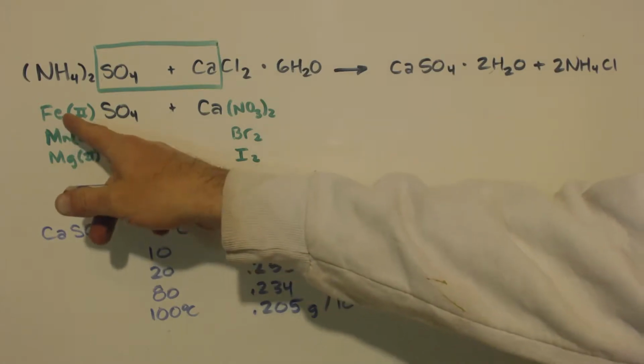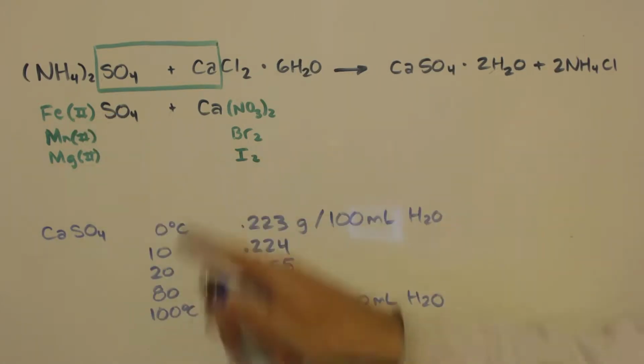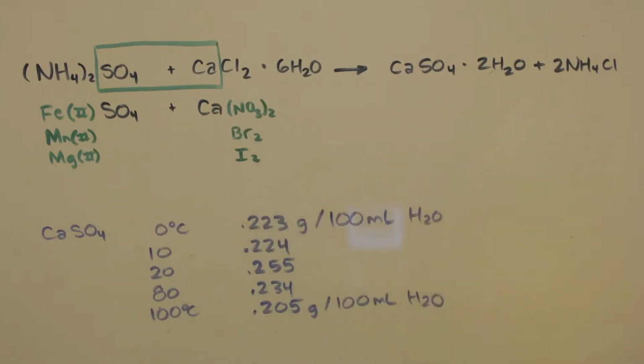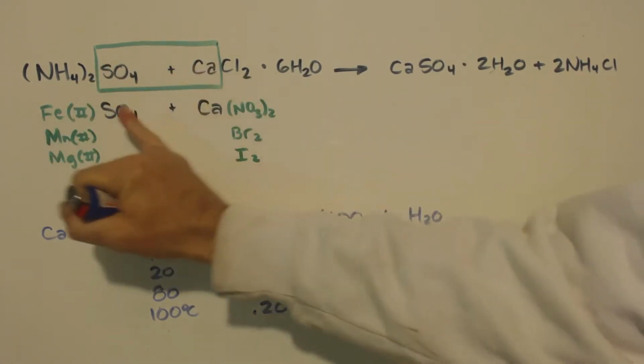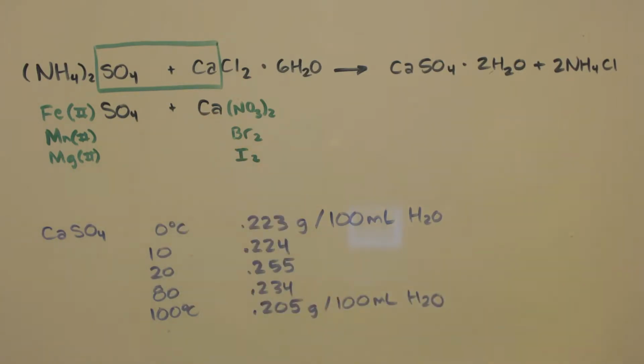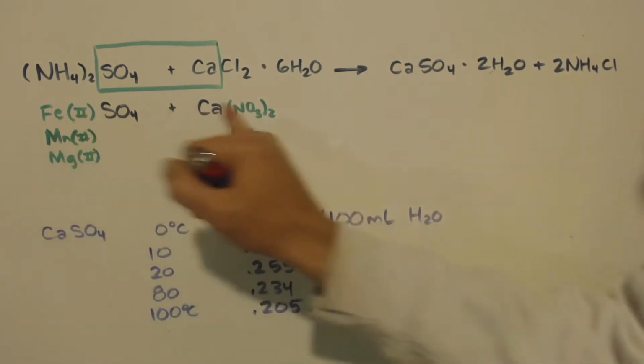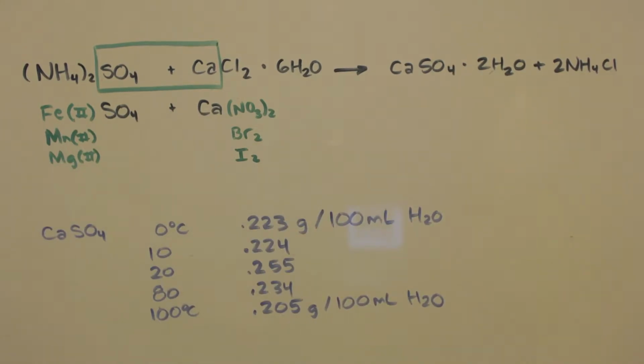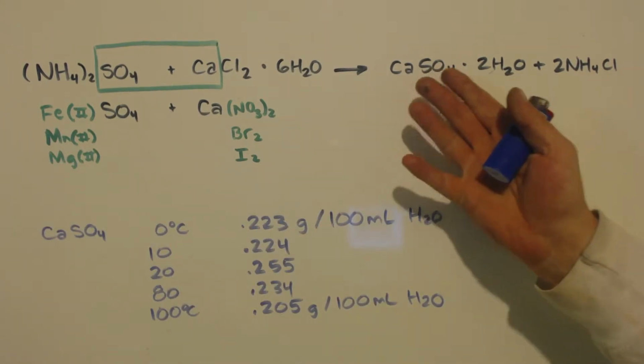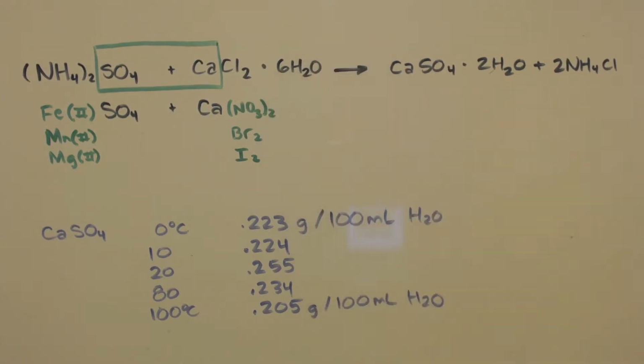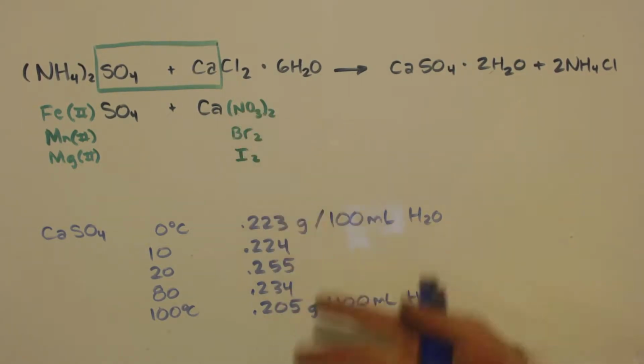Let's say I used iron(II) sulfate and calcium nitrate. Remember, the calcium sulfate is going to precipitate out. What are you left with in solution? Iron nitrate. Then you can filter out the calcium sulfate and let it dry naturally, the water evaporating so that it forms nice crystals, and then filter it out.